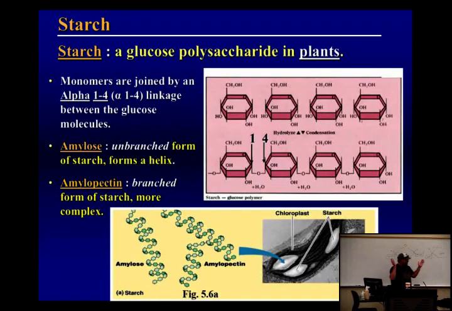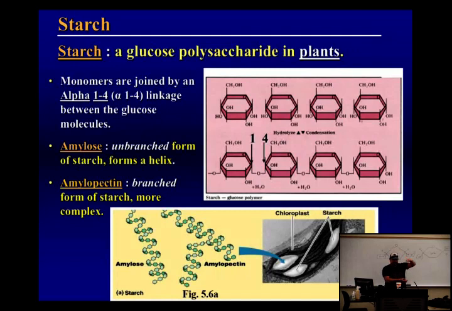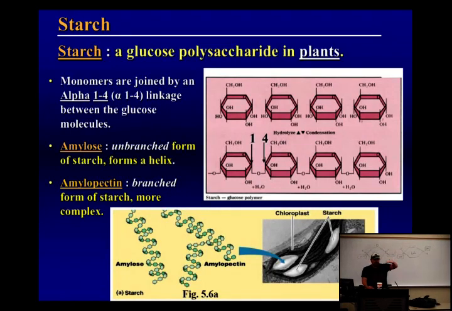So that question I just asked you is exactly what I'm going to ask on the test. I'm going to say, what bond is found in amylopectin? And you're going to have 5 choices, right? Because it's a multiple choice test. So it's going to say alpha 1,4 linear, alpha 1,4 branched, beta 1,2, alpha 1,7, none of the above.